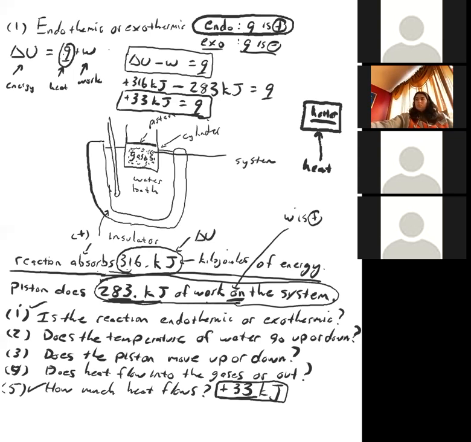If heat comes in, you get hotter. If you get hotter, that means the temperature goes up. Okay? Heat in, you get hotter, temperature goes up. So as heat goes in, temperature goes up. If heat goes out, temperature goes down.